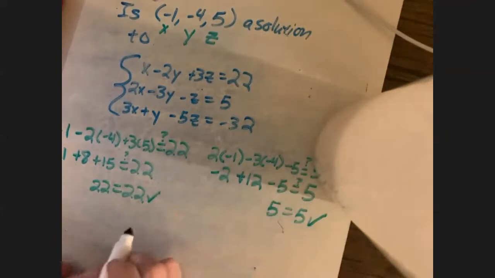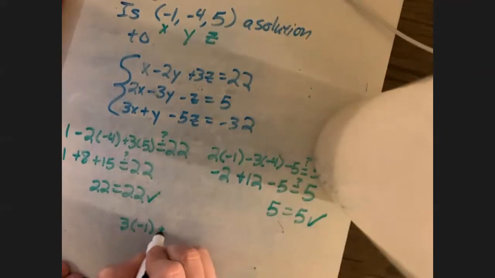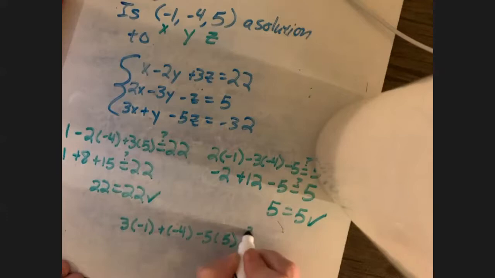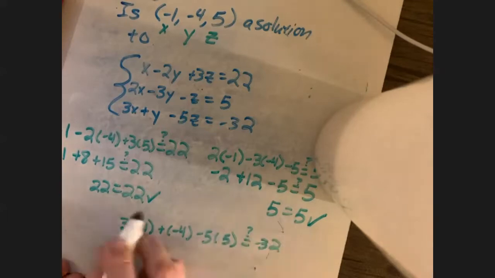So now, plugging into the last one, I've got 3 times -1 plus -4 minus 5 times 5, and we're checking, does that equal -32? So I've got -3 minus 4 minus 25.